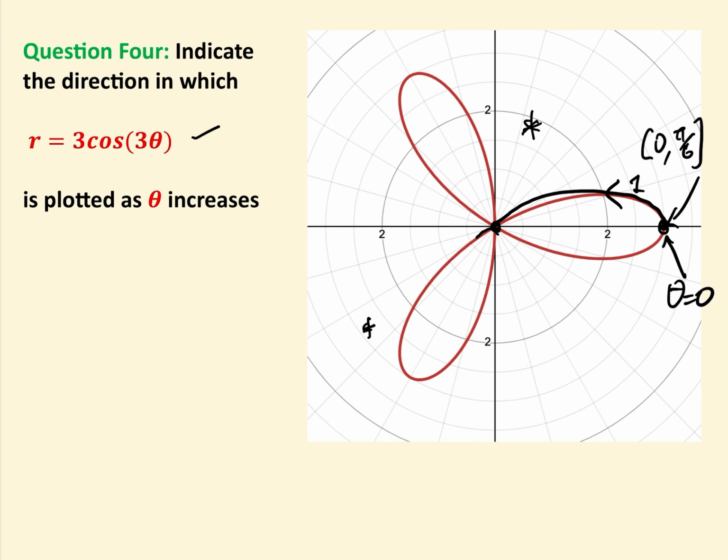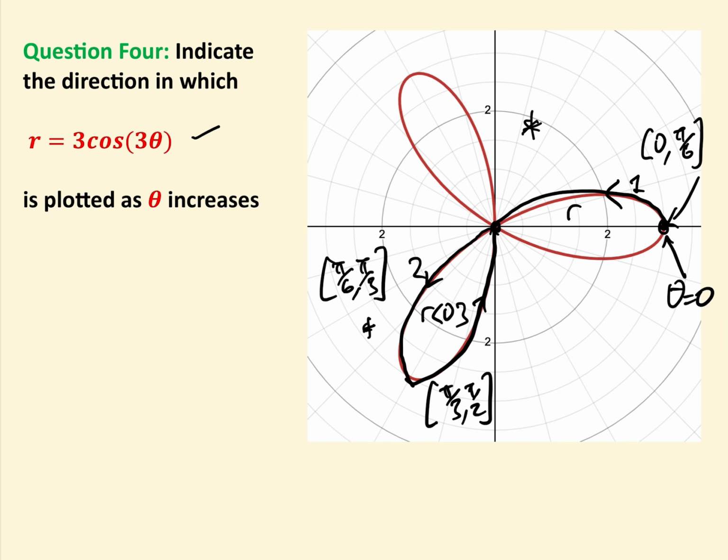So in actual fact, it goes like this, because r is now negative. So this is part 2, and that's from pi over 6 to pi over 3. And then we come back along here, that's 3, and that is from pi over 3 to pi over 2, and again r is negative here, and r is positive in this top bit.